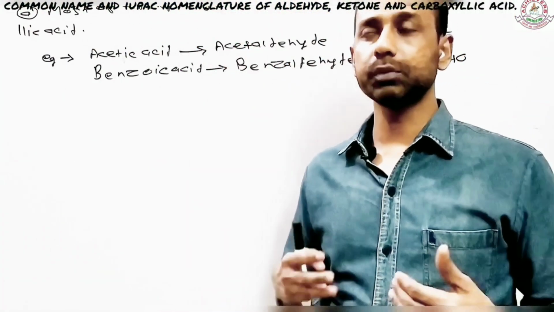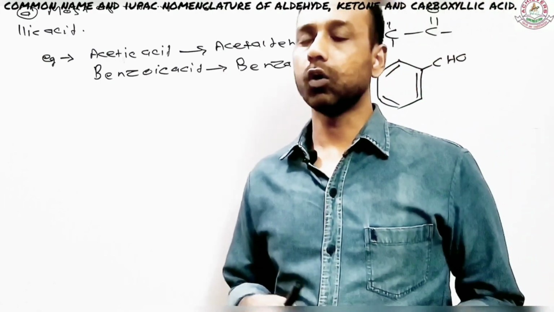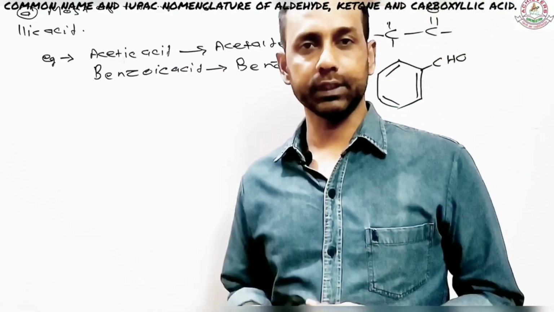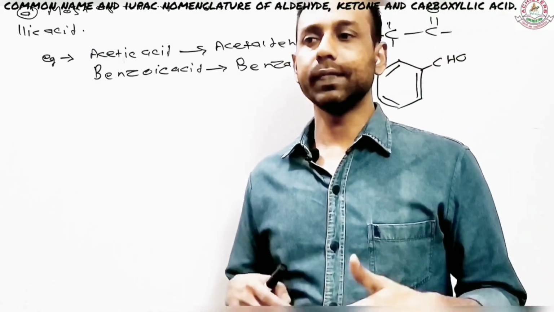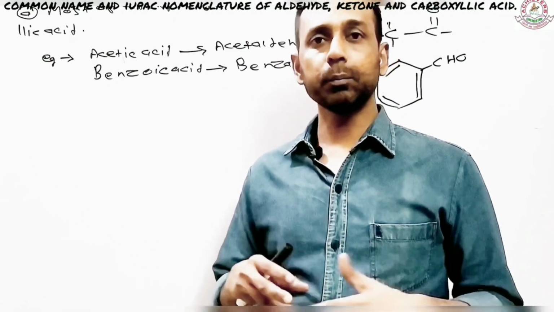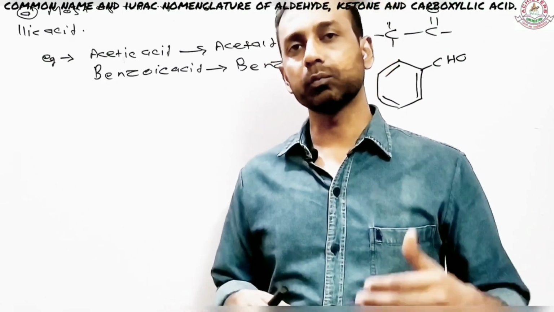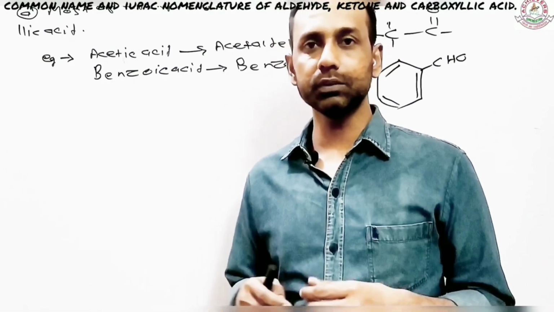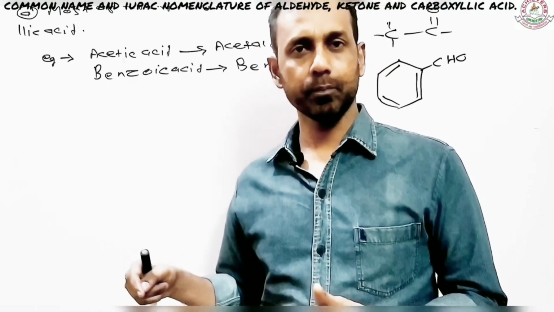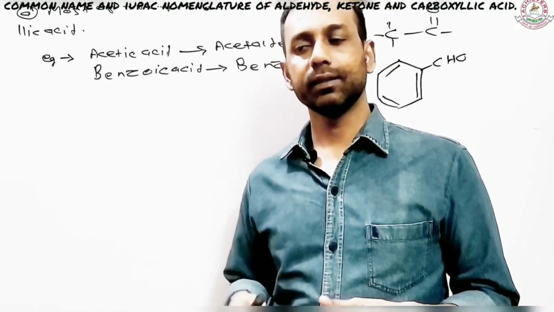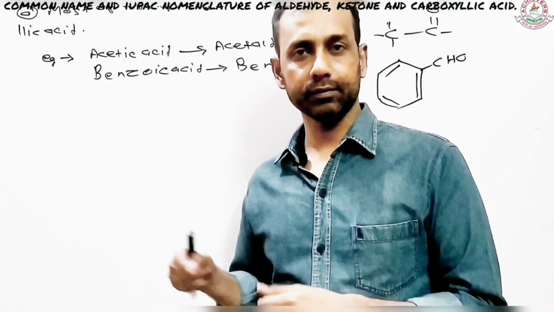I'll tell you a bit more: most of the common names are obtained from Greek origin. In the Greek origin, the numbering was a bit different from what we do these days, 1, 2, 3, 4. They used to number it like alpha, beta, gamma and delta.